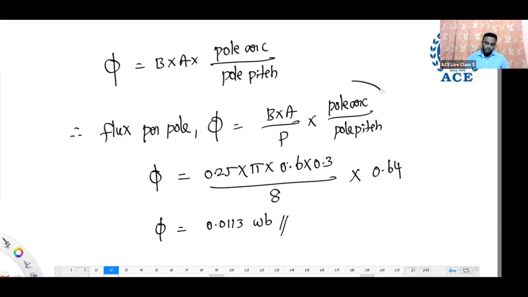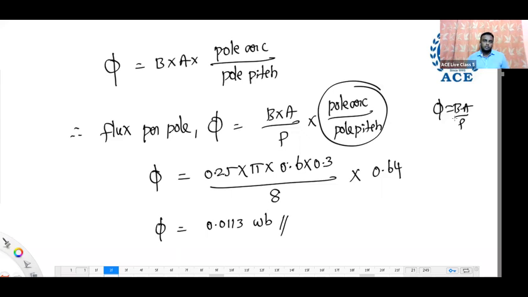So why are we multiplying by this ratio? If you find only phi equals BA divided by P, what is that flux? This is the flux for the total 180 degrees. Divided by poles, one pole is how much? 180 degrees. But how much flux distribution is there? Up to whatever the pole arc is, only up to that will the flux distribute uniformly.